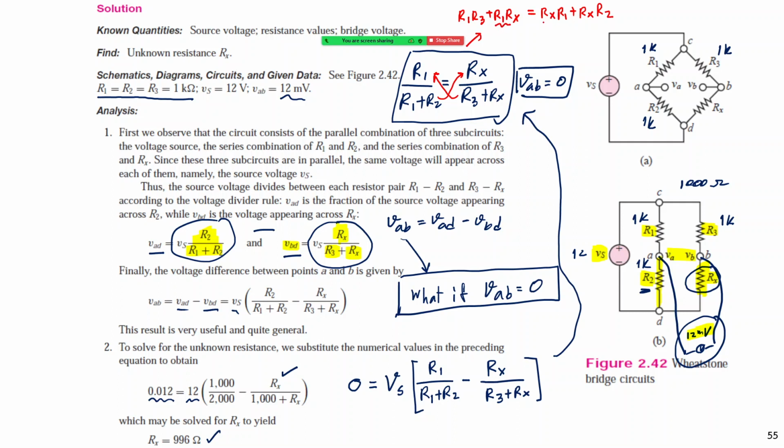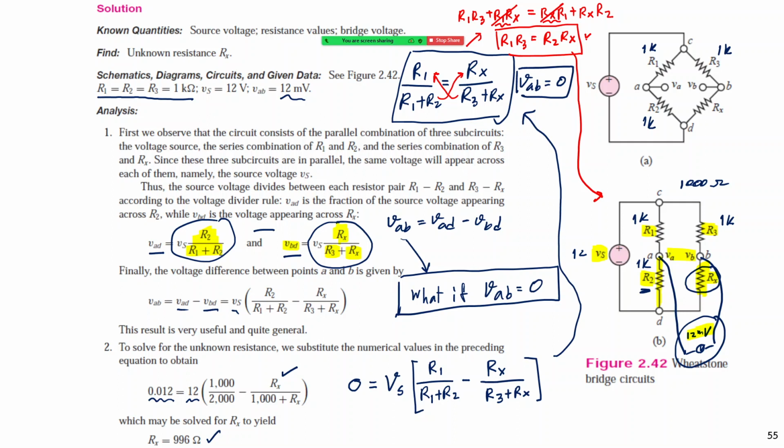Rx R1 and Rx R1 cancel each other, and we get R1 R3 equal to R2 Rx. This is the relation for VAB equal to 0. If VAB equals 0, we get Rx from this equation.